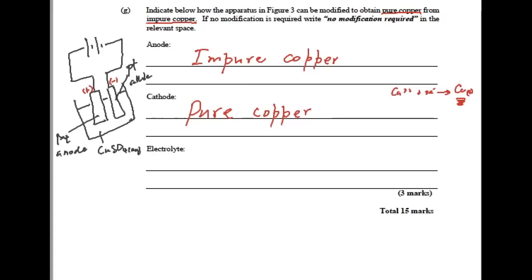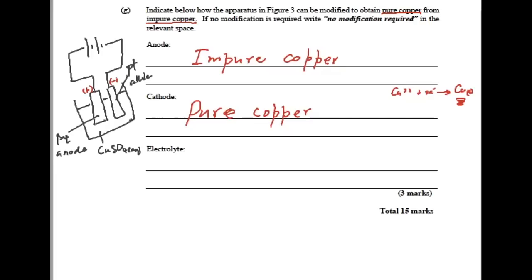If you use a platinum cathode or carbon cathode, then the copper will collect on it and then we'll have the problem of getting it off. And then you'll end up with the same problem you're trying to solve, that of purifying copper. So you'd have to use a piece of pure copper at the cathode so that more pure copper can be collected on it.